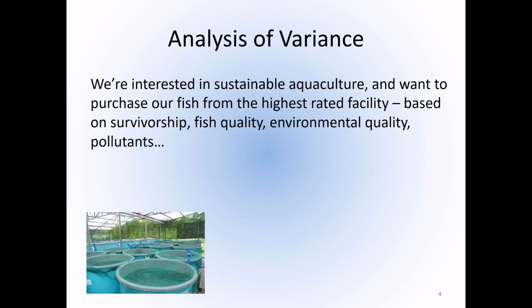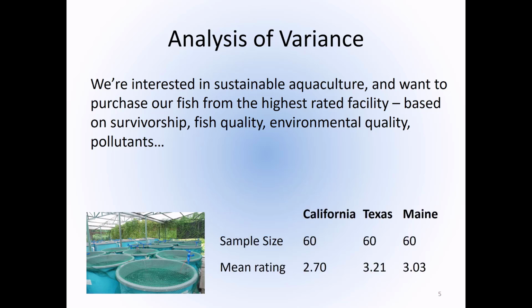So let's say that we're interested in aquaculture and we want to make sure that the fish that we're purchasing are from the highest rated facility. It's based on a variety of different criteria. And we can look across different states and notice what the mean rating is of these different states across different periods of samples.